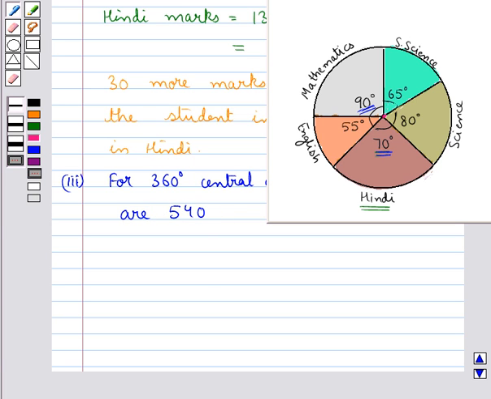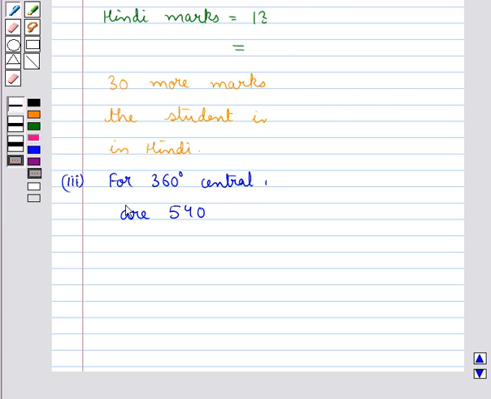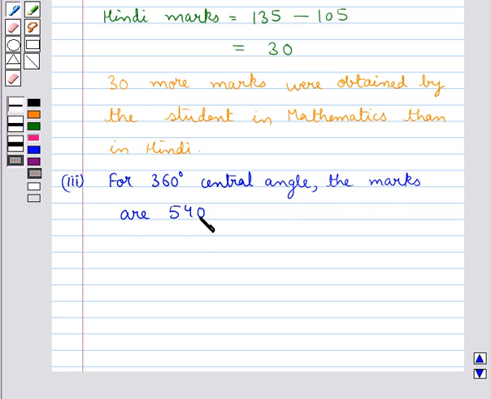First, we will find out the marks obtained in social science. For this, let's see what is the central angle for social science in the pie chart. As you can see that 65 degrees is the central angle. Using this central angle and this fact, we can find out the marks obtained in social science.